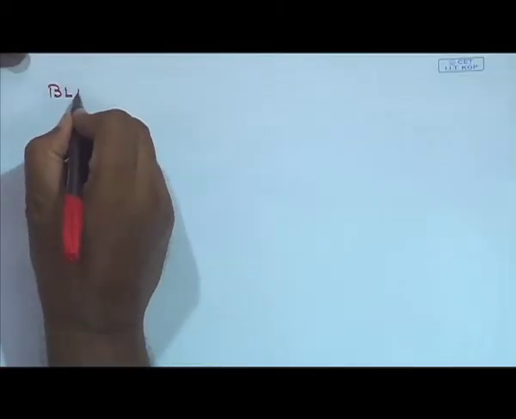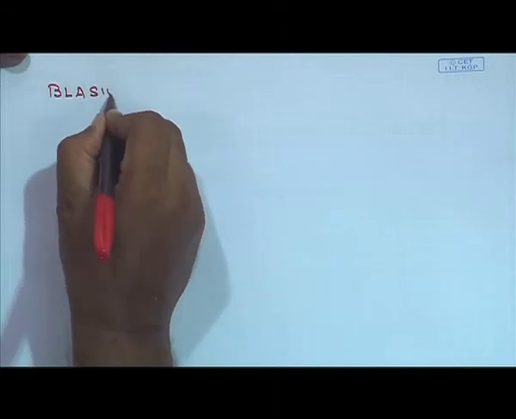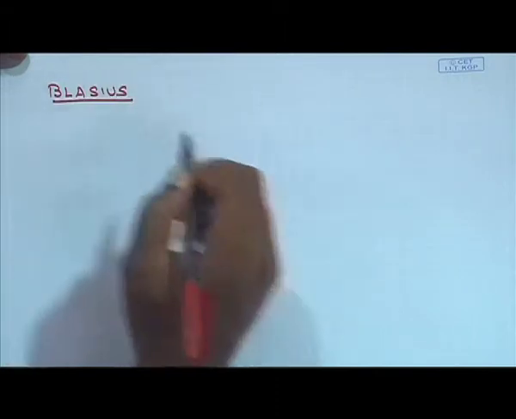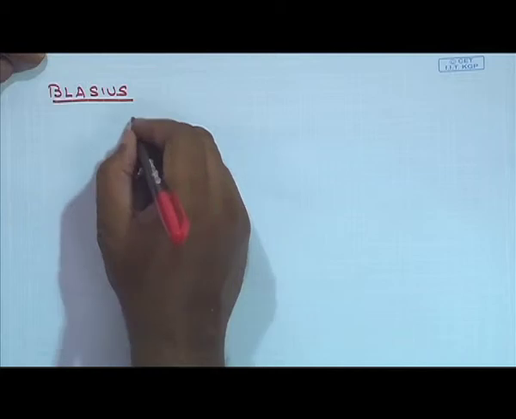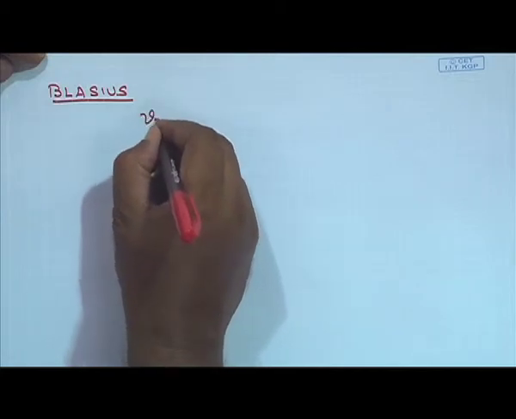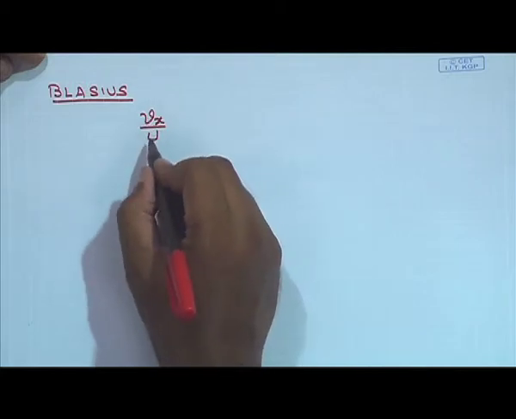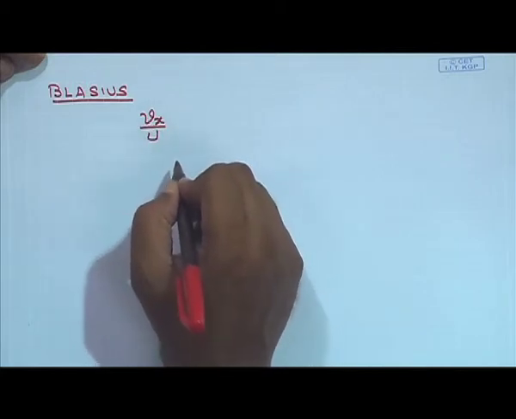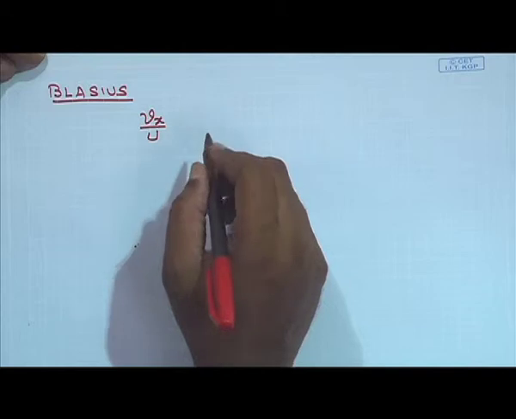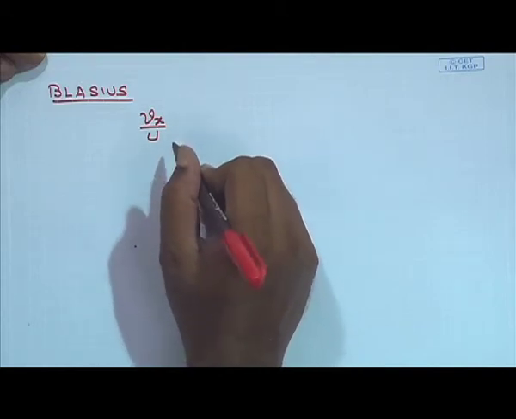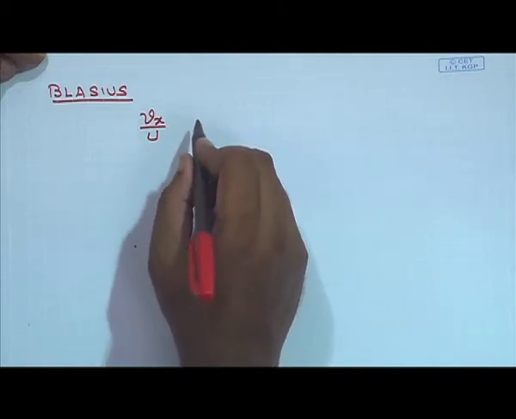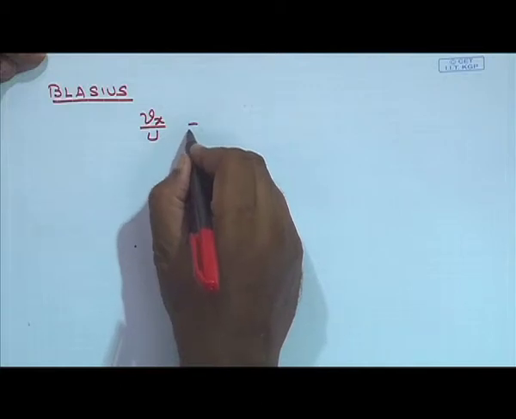Now, whenever we come across such an equation, the equation was first solved by Blasius, and it is also known as the Blasius solution. What Blasius reasoned is that the velocity profile, the dimensionless velocity profile, should be similar for all values of x when plotted versus a non-dimensional distance from the wall.